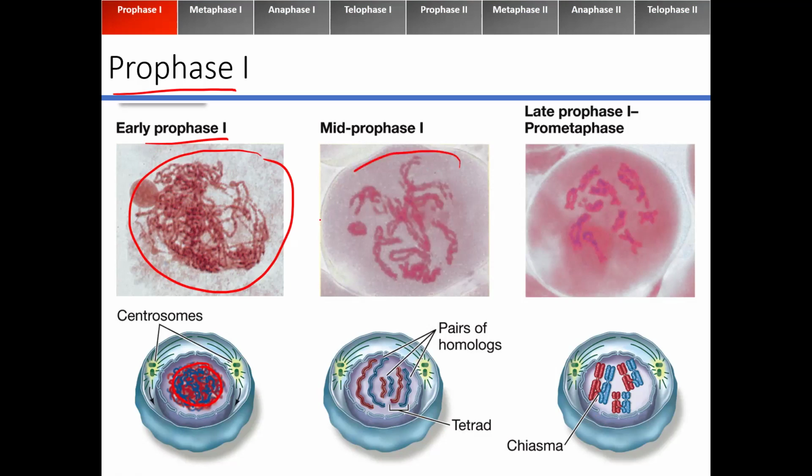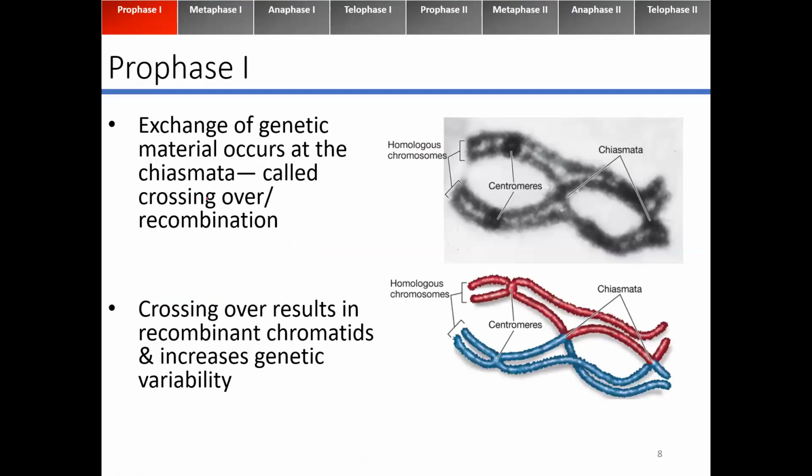And then in the mid phase, it's become much more condensed, so instead of all this stringiness, it's getting much more condensed. And then finally in our late phase, it's very, very condensed, and you can see those iconic chromosome shapes, those X's. So again, in prophase 1, exchange of genetic material occurs, called crossover and recombination. Crossing over results in recombinant chromatids and increased genetic variability.